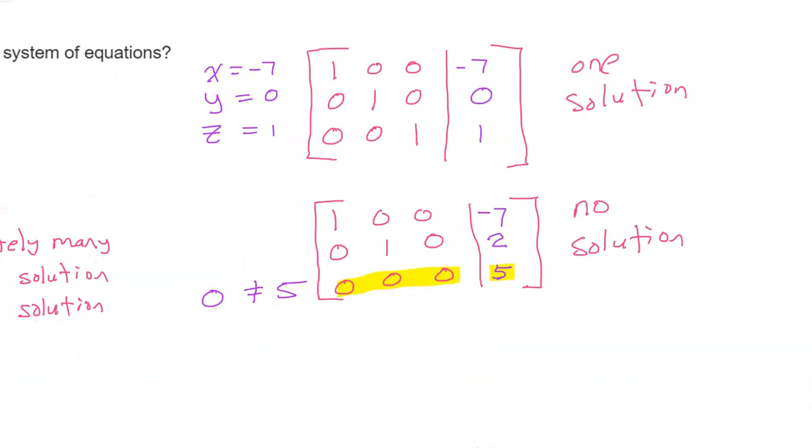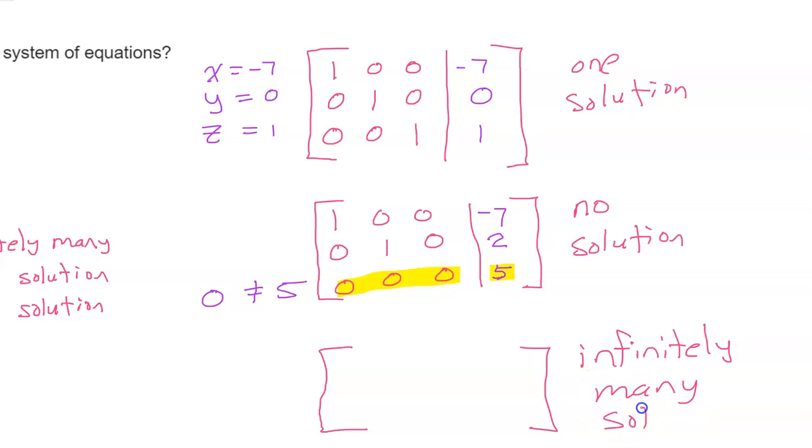All right, so here's the last little example. Here's what it looks like when it is infinitely many. Okay, and I'm really just focusing on the bottom row again. It's still going to be 0, 0, 0 down here. So the first two numbers don't matter.